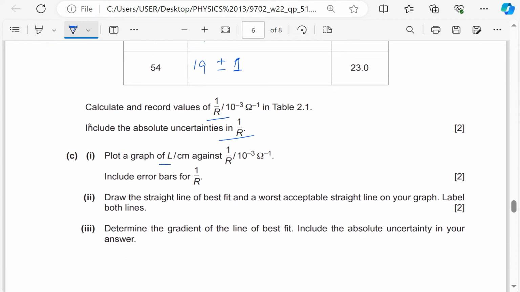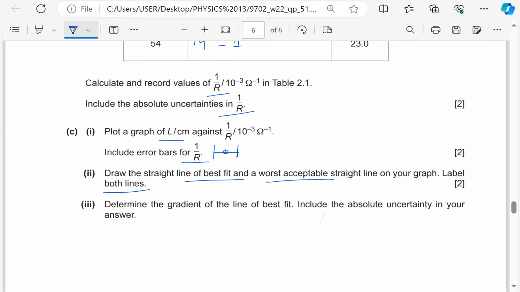So plot a graph of L against 1 over R. Include the error bars for 1 over R. Since 1 over R is on the x-axis, the error bars are going to be horizontal, like that. Draw the line of best fit and a worst acceptable line. Label both lines.